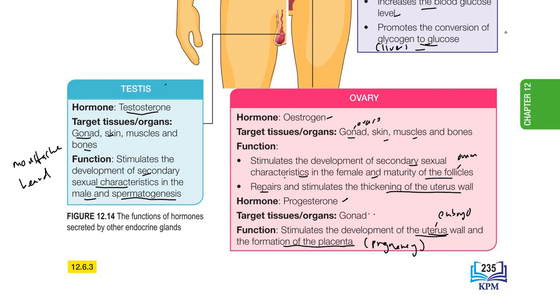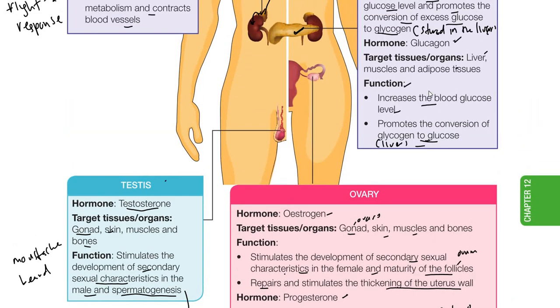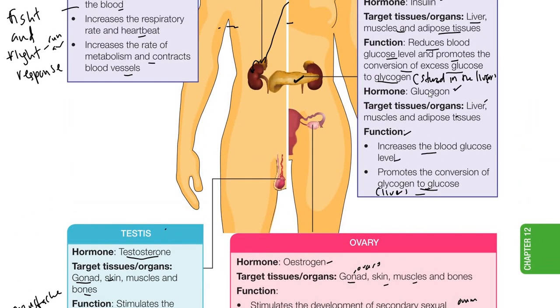And then we have spermatogenesis, which is sperm formation. So these hormones are mostly involved in reproduction, growth, and also homeostasis. Okay, so these are the hormones that can be found in our body.